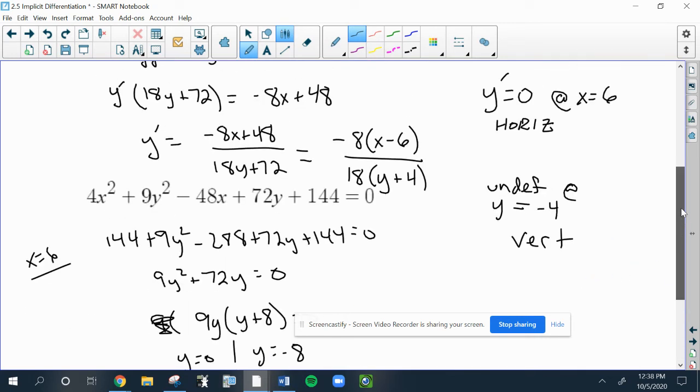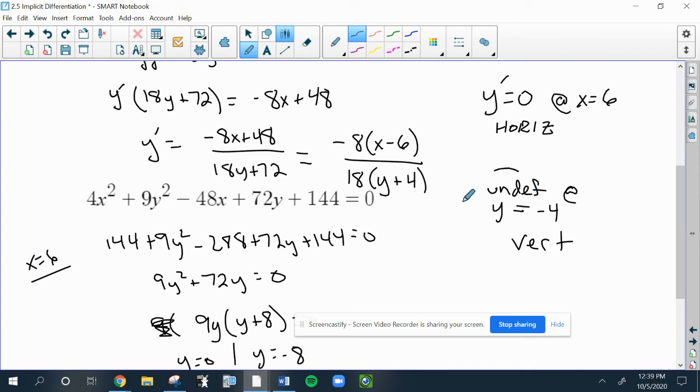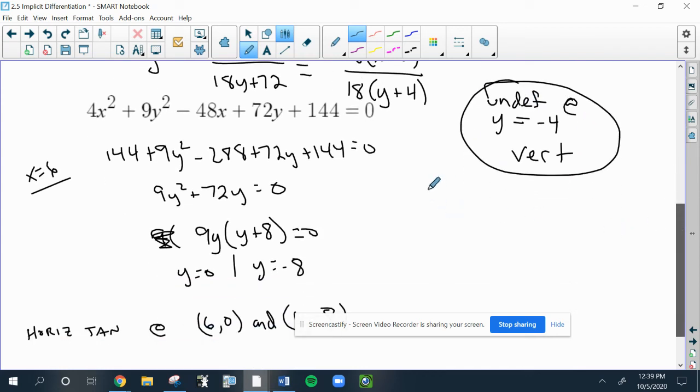So now you're going to go ahead and do the same thing with the vertical ones, but that's where y equals -4. So at y equals -4, we're going to plug in -4 for all the y's. I'm sorry, right here. So we have 4x squared plus 9 times 36.